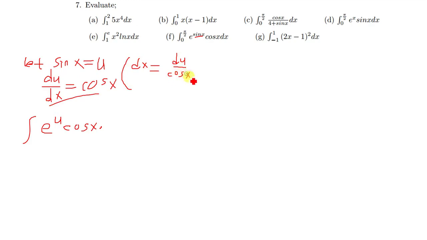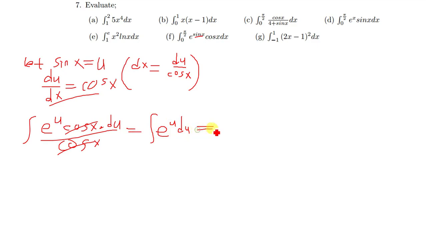So now it's just a matter of replacing there. I'm going to have my du, and then everything divided by cos x. You can see that and that are cancelling, so I'll just remain with the integral of e to the power u times du.